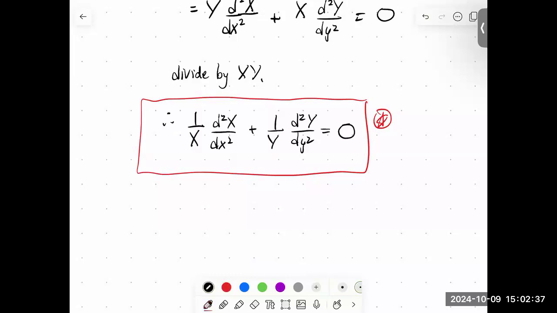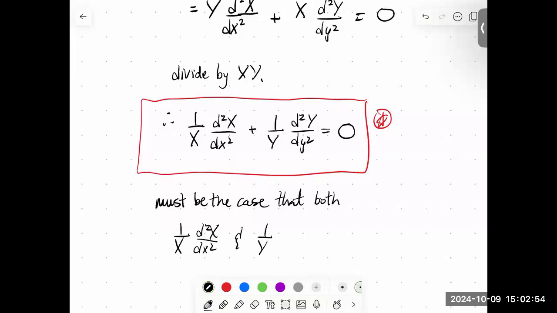So it must be the case that both 1 over X times 2 derivatives of X and 1 over Y times 2 derivatives of Y are equal to constants.